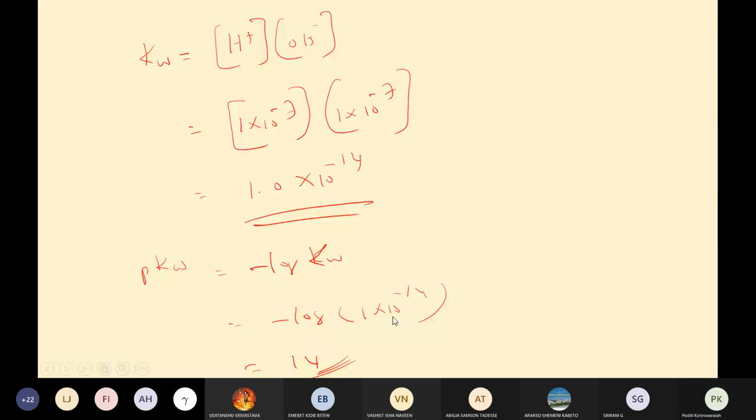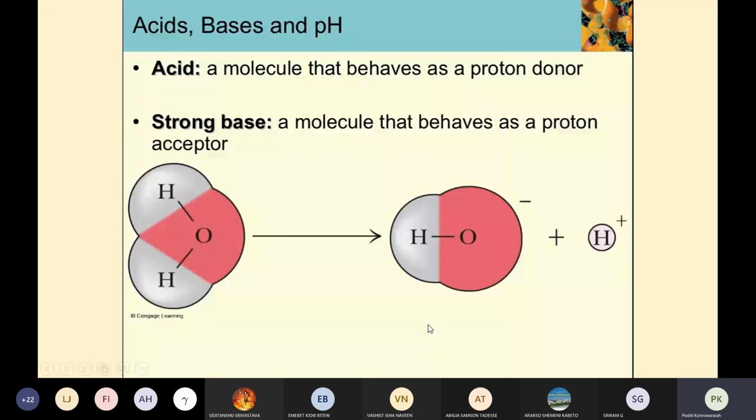Now, with this background, we discuss buffers and pH. We need to understand a little bit about acids and bases. Though it is not important to discuss the details of all the theories, we know that the properties of acids and bases are explained by 3 theories. One is the Arrhenius theory.